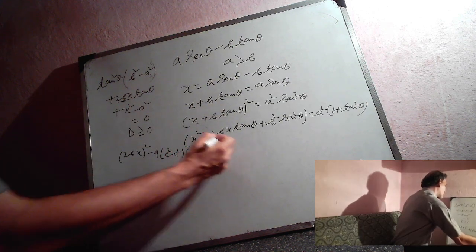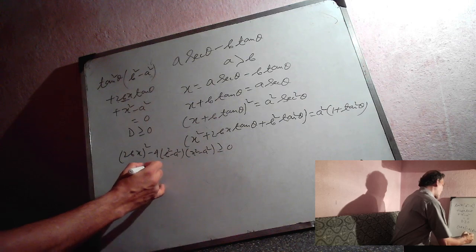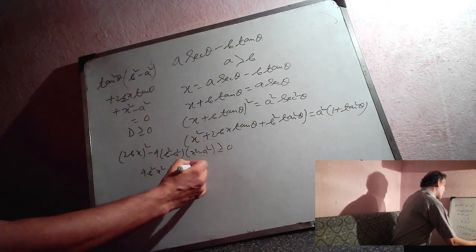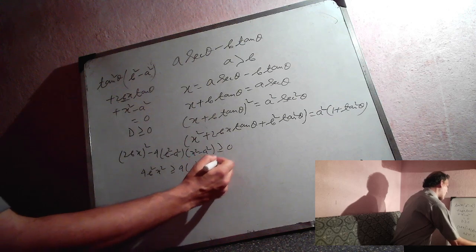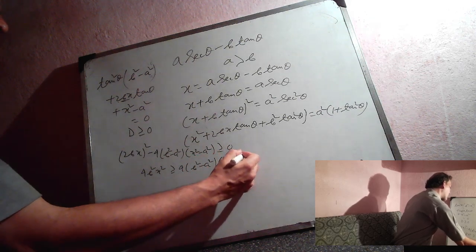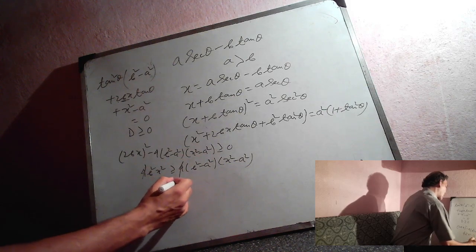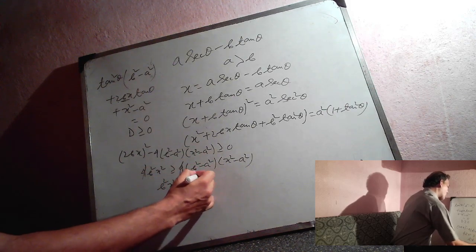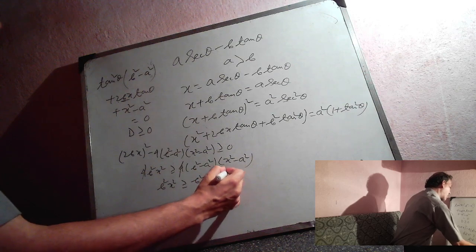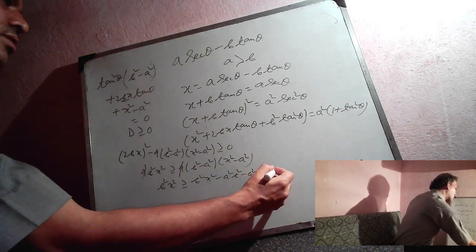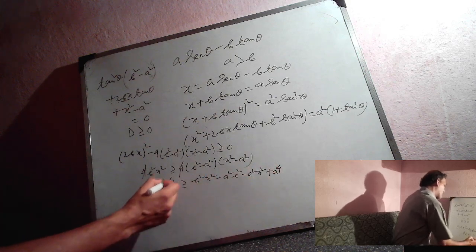So 4b square x square is more than or equal to 4 into (b square minus a square) into (x square minus a square). The 4 cancels, giving b square x square more than or equal to b square x square minus a square b square minus a square x square plus a power 4.